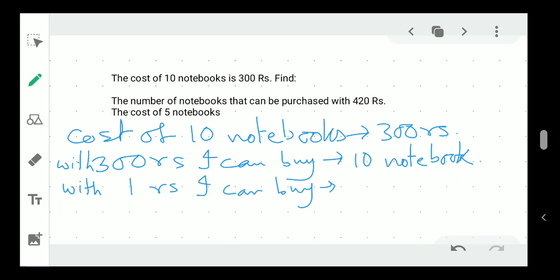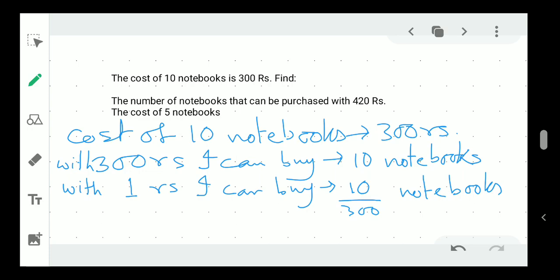I told you that you have to divide the number of notebooks by the price, that is 10 divided by 300. So I have got how many notebooks I can buy for 1 rupee. You can see that 10 by 300 is not a very nice value.